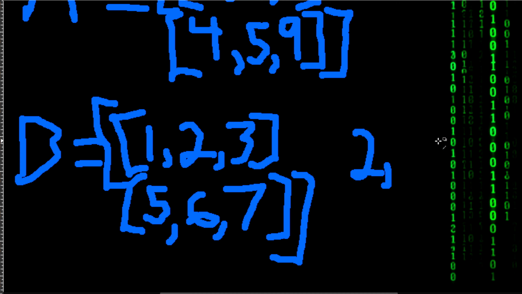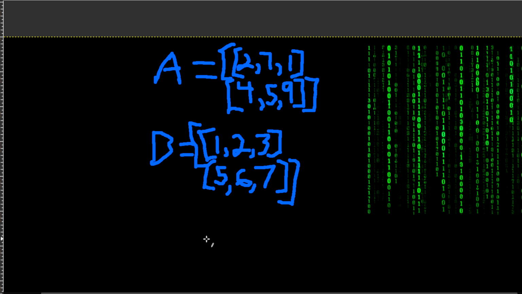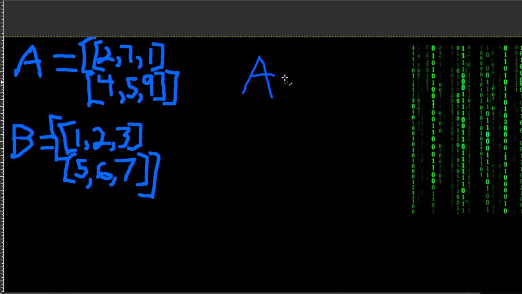Now we have matrix A and matrix B. If I'm going to matrix multiply, different symbols can be used for matrix multiplication. One common one is just placing them next to each other, like in algebra where you place 2 variables next to each other, and that means multiply.